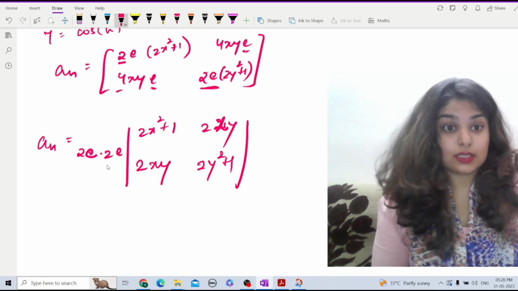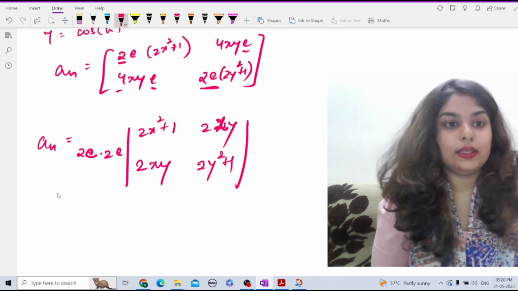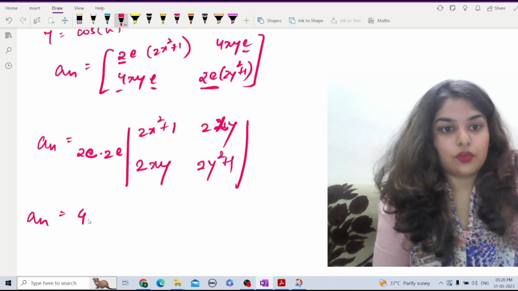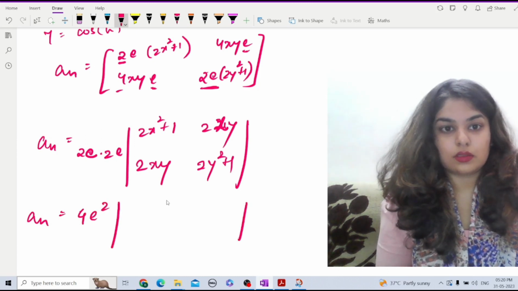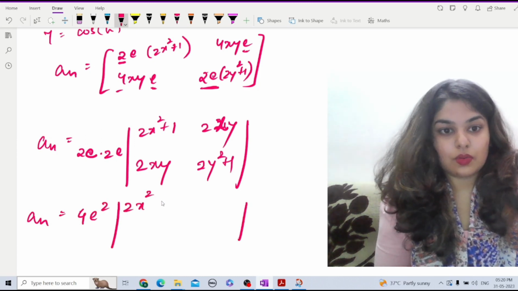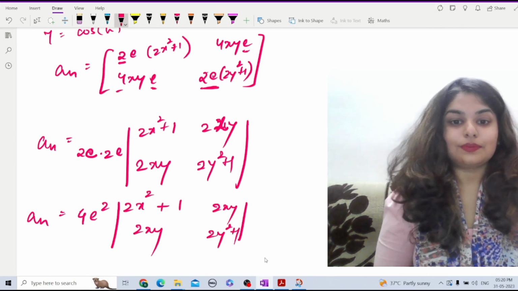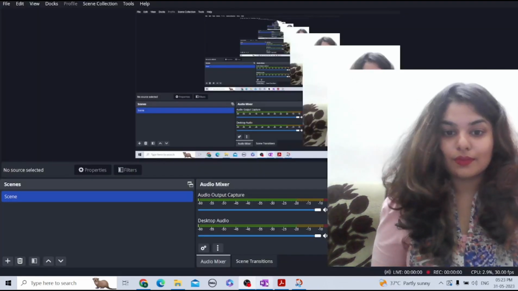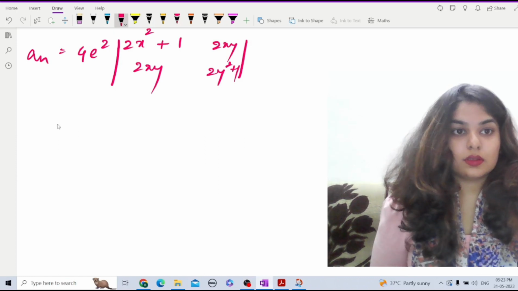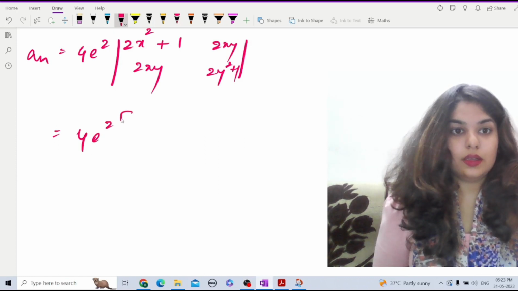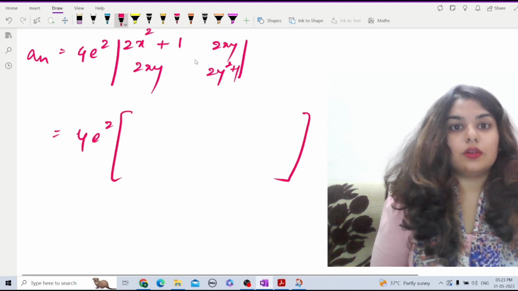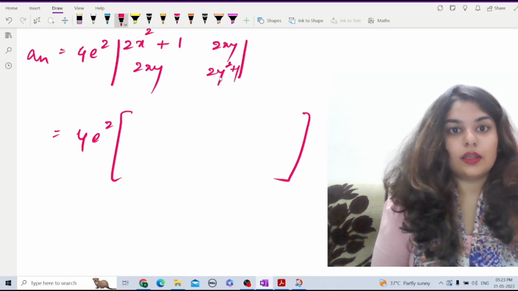Now this can be written as 4e square. So A n is equal to 4e square of the following determinant, that is 2x square plus 1, 2xy, 2xy, and 2y square plus 1. This is equal to 4e square into, so we have to actually multiply these two terms.